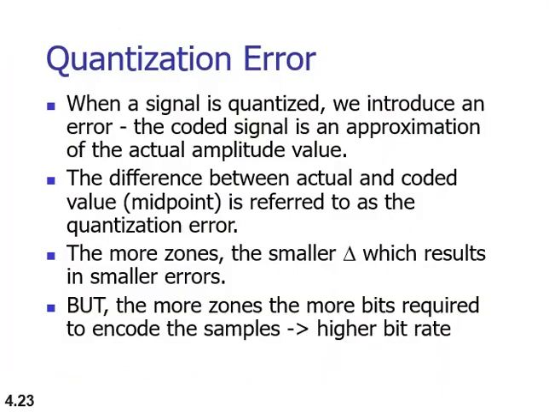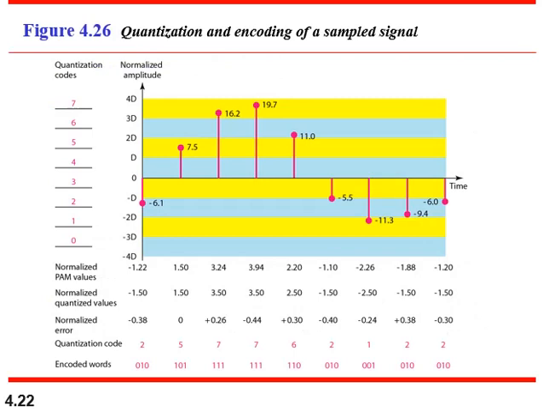For example, if we take an approximate value for the third sample, 16.2, and that is not the actual value, then there might be some errors because we are generalizing it. When we quantize, there will be a few errors.